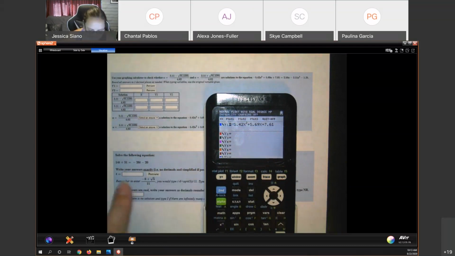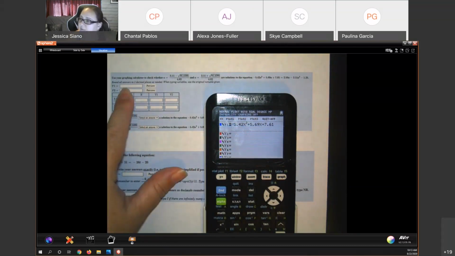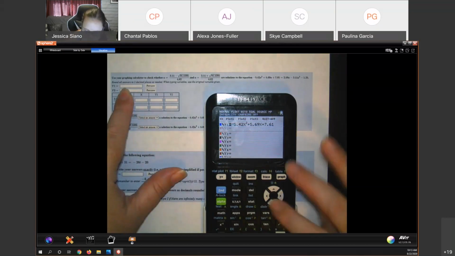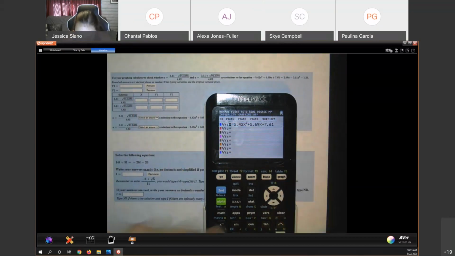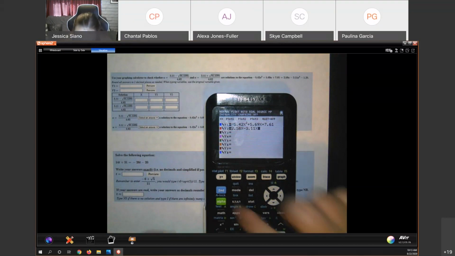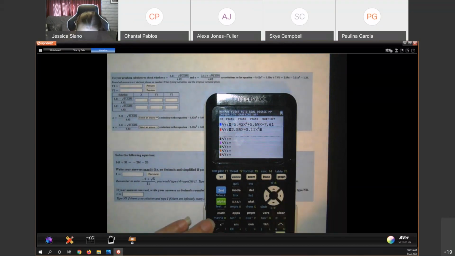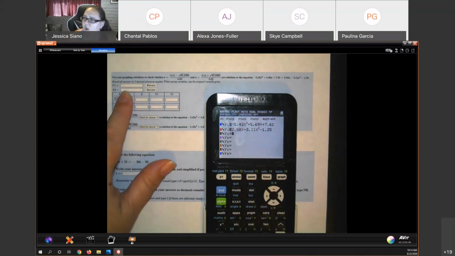So you're going to write that right here in y1. And then y2 is 2.58x minus 3.11x squared minus 1.25. You're going to write that right here in y2. I'm not going to write them down, but when you're in Moore, that's where you're going to write them.